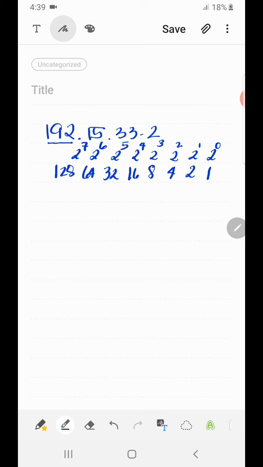For example, 2 to the 1 is 2, 2 to the 2 is 2 times 2. So it's powers. It's how many times you multiply 2. 2 to the 3, of course, we have 2 times 2, 4, times 2, 8. That's why we have an 8 there.